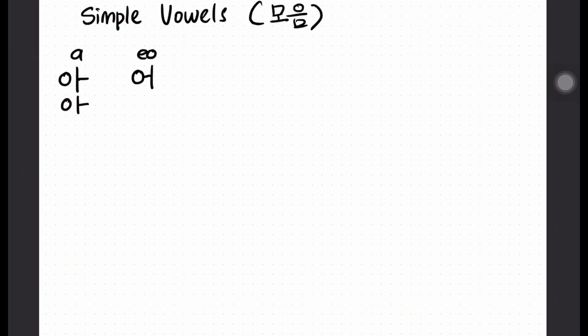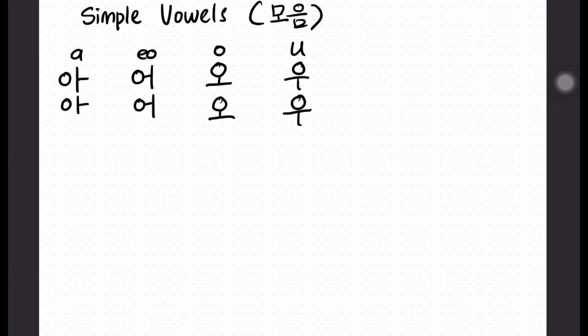Okay, O. And the next one is our O, right? Circle with the one at the bottom, 1, 2, O. And the next one is U, which gives the sound U, right? Ear, 1, 2, U.